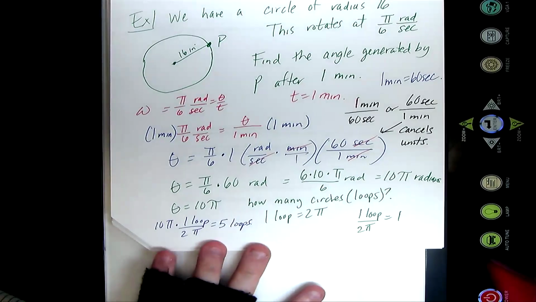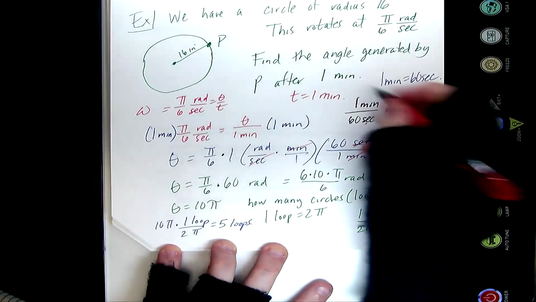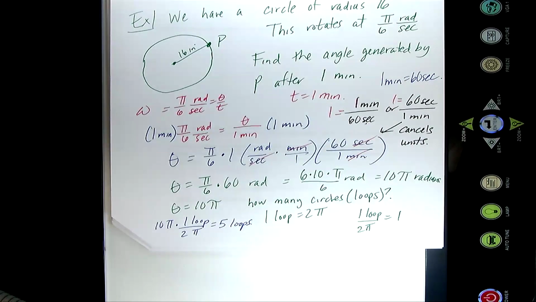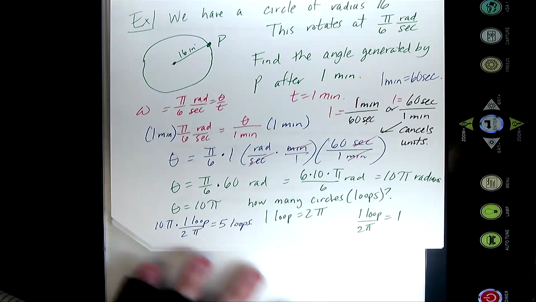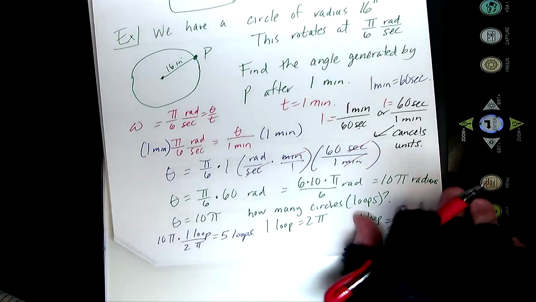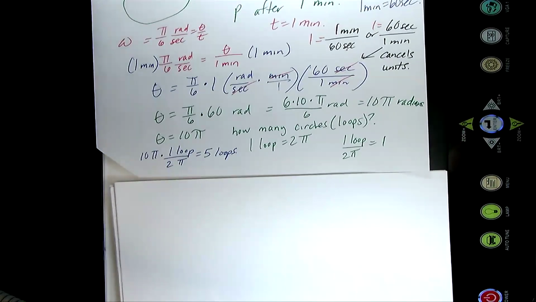Here, I divided both sides by 60 seconds, and both of these equal 1. I'm not changing anything because they're the same amount of time. That's the big thing: if you're going to multiply by a number, it needs to equal 1 to not change anything. So that allows us to convert between units. That's 5 loops, alright. Let that sink in for a second.